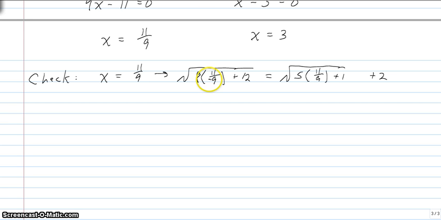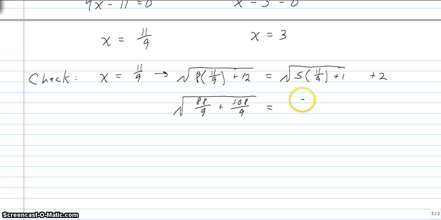This is going to be 88 over 9, and before I can add this to 12, I'm going to need the denominator of 9 on 12. 12 is equivalent to 108 over 9.